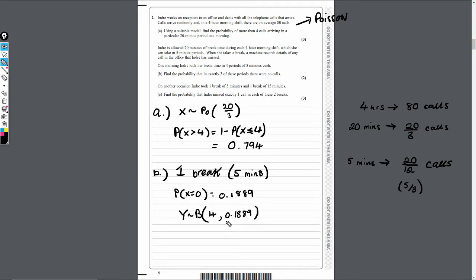Okay. And we want to know the probability in exactly 3 of these periods. So I'm working out the probability that Y is equal to 3. Plugging this in your calculator again, you'll get 0.0219, just 3 significant figures. And there we have it. That's part B. So I'll just quickly clear all this.